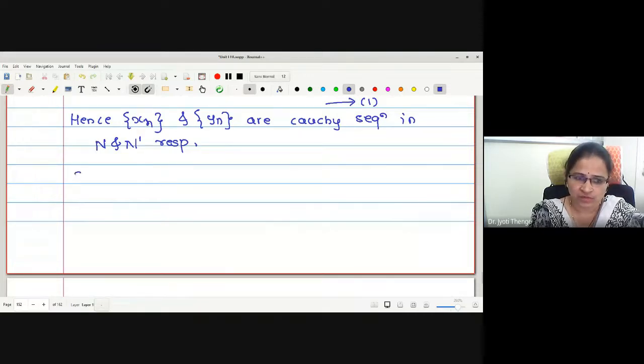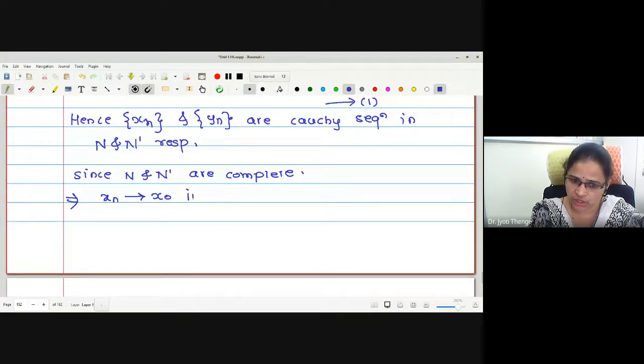Okay, here I will write: since N and N dash are complete, which implies xn converges to x naught in capital N and yn converges to, say, y naught in capital N dash.